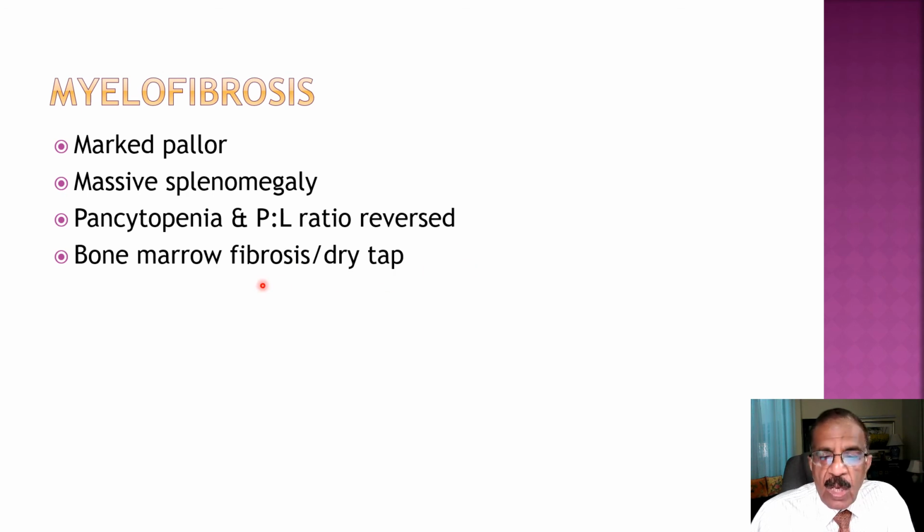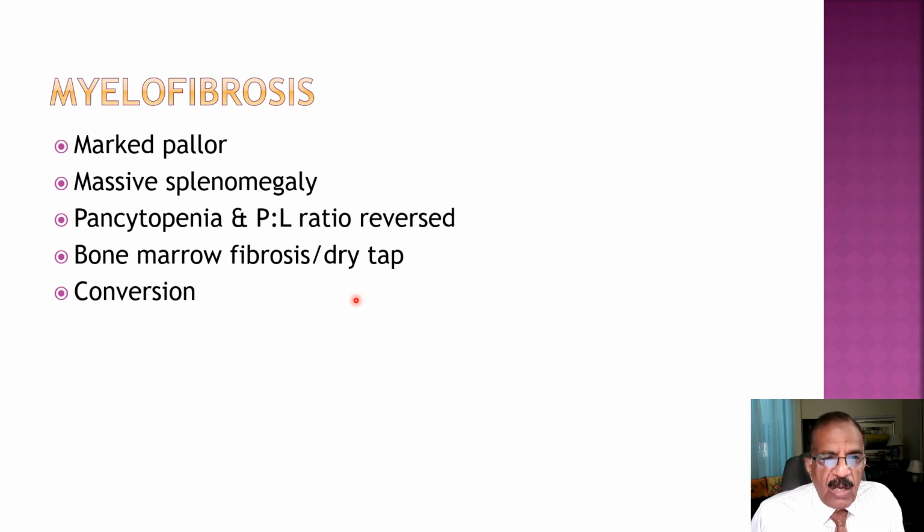But if you are an expert, a hematologist or internist, and you have experience of doing bone marrow examination, but despite proper technique, despite the fact that you were in the bone marrow, the tip of the needle was in the bone marrow, you don't get anything, that is called dry tap. That means there is no live bone marrow tissue. All you have is fibrous tissue. And fibrous tissue cannot be sucked into the needle, so you don't get anything.